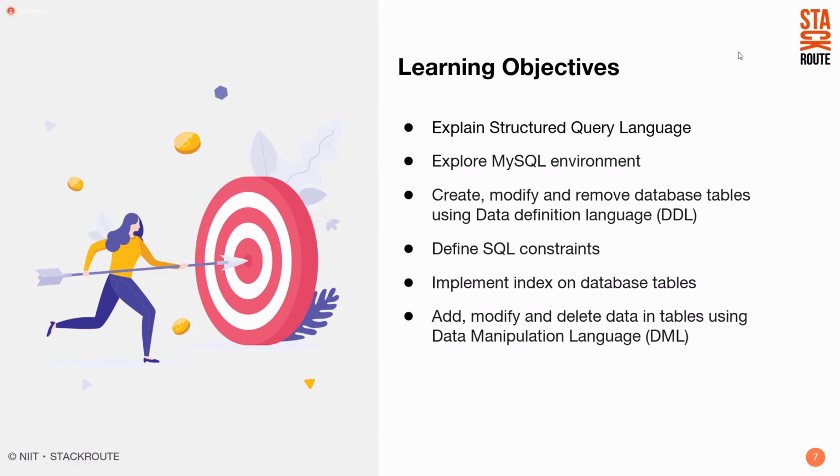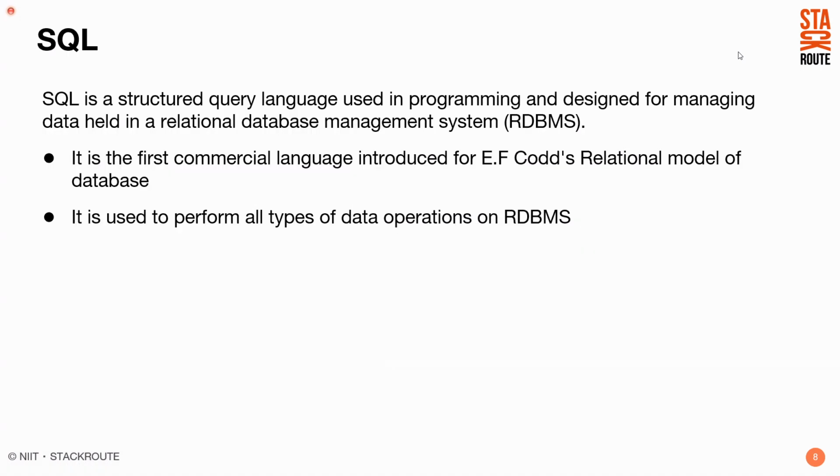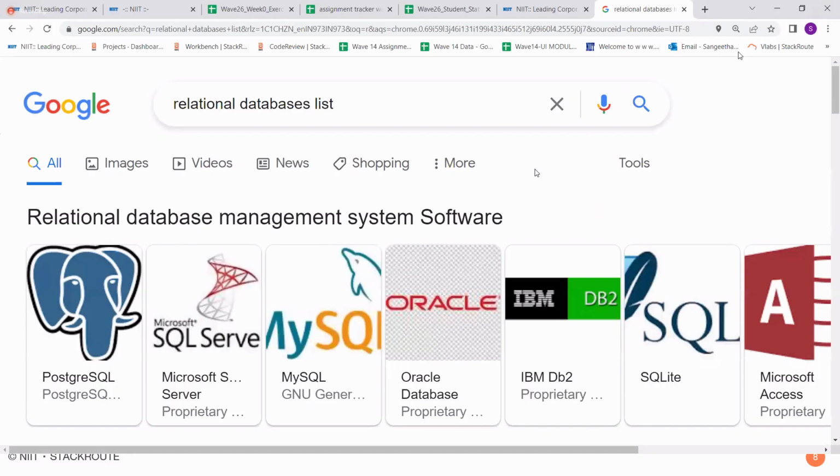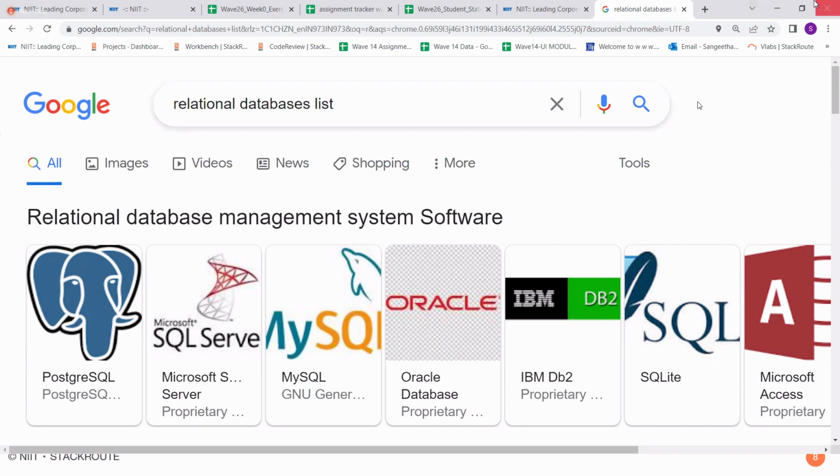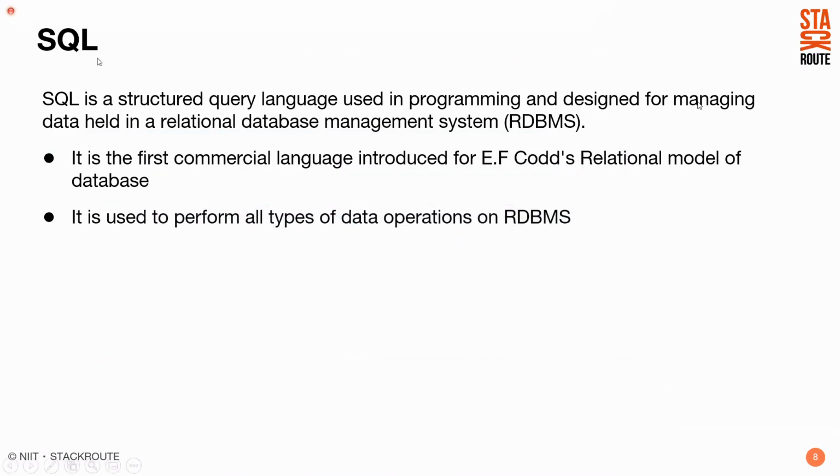We have various language categories under SQL: DDL, DML, DQL, DCL. We will explore constructs, index, DDL and DML. For the front end, we will use a programming language. The backend software all use a language called SQL, which stands for structured query language.